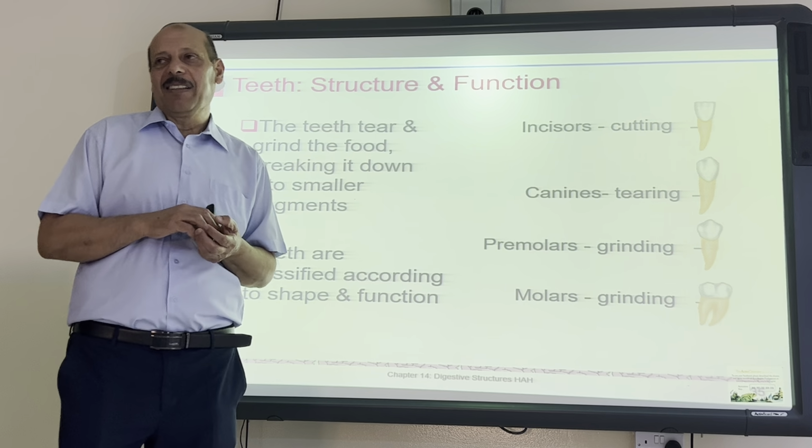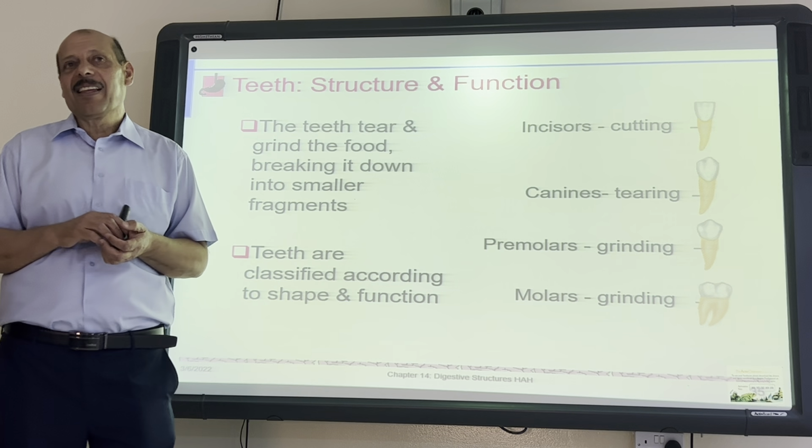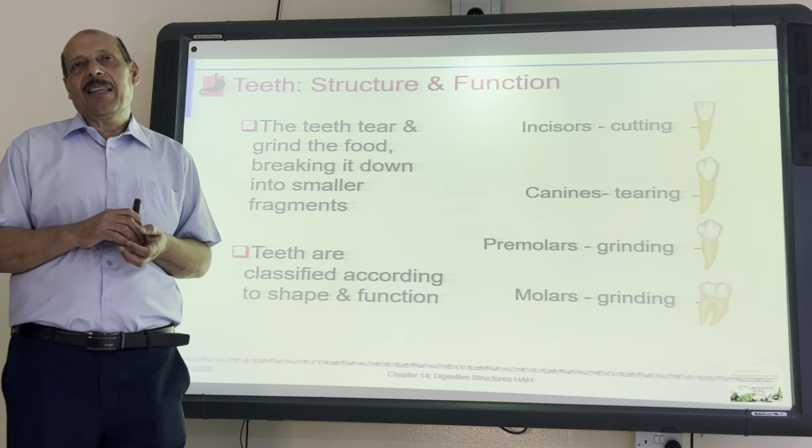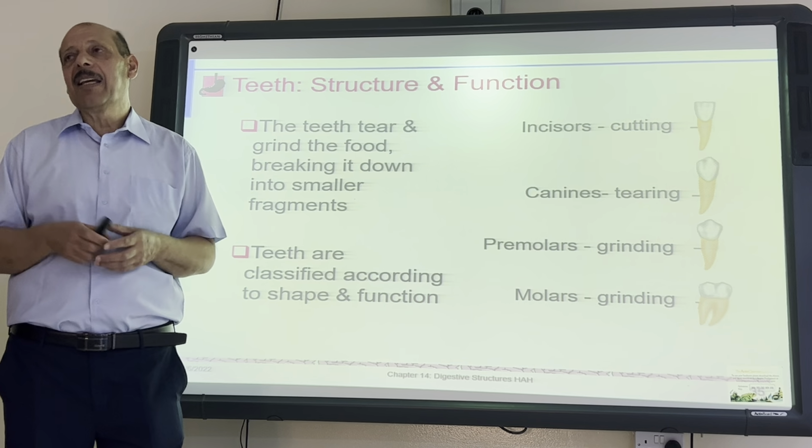So there are 20 milk teeth. But the permanent teeth are 32 in total.